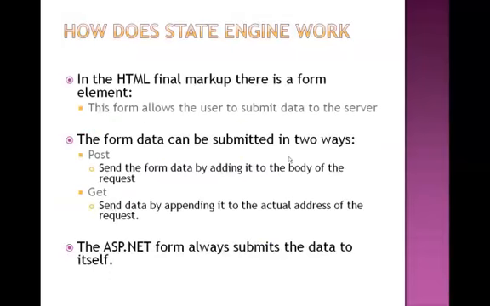When you use the post method to submit the data to the server, all of the data from the form will be added to the body of the request, and then sent to the server. In the case of the get method, all the data will be appended at the end of the actual address of the request. There are subtle differences between the two methods, but that's not important right now.